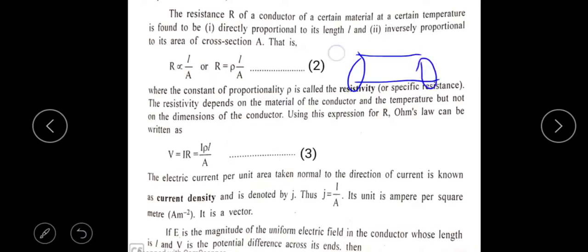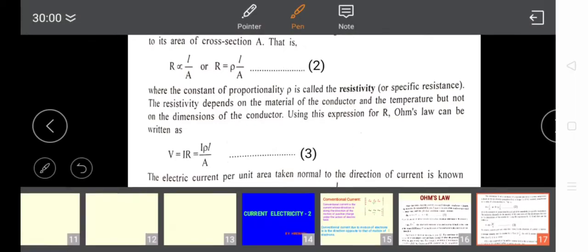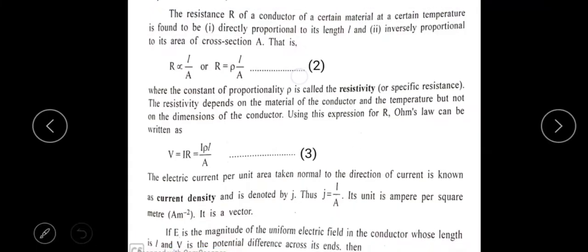One side is at positive potential, another side is at negative potential. In such a condition, an electric field is developed inside the conductor, from positive potential to negative potential. That is E, the magnitude of the uniform electric field in the conductor whose length is L.